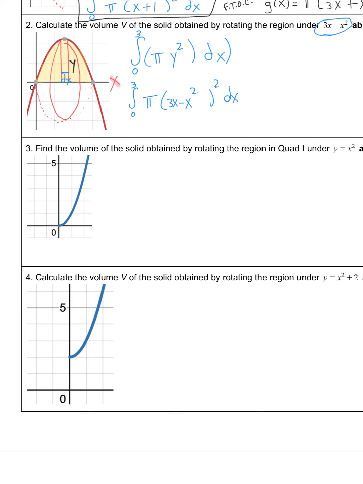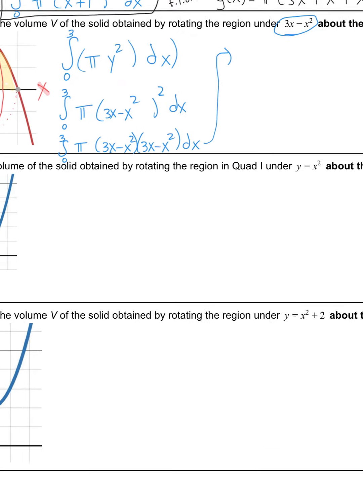Now again, because this is a squared, it's much easier to multiply that out. So it looks like this, from 0 to 3, pi times 3x minus x squared times itself, 3x minus x squared, dx. And again, now I can multiply that out.